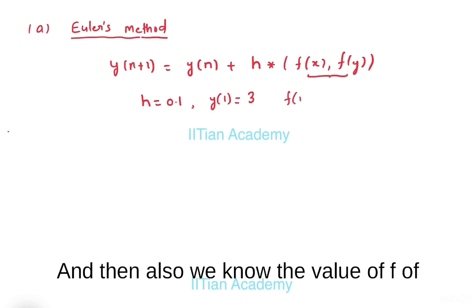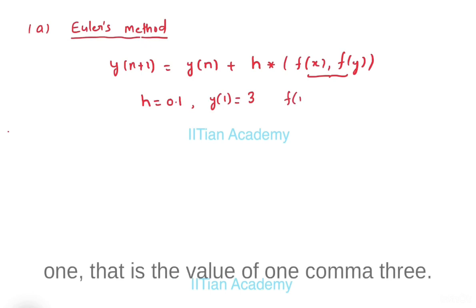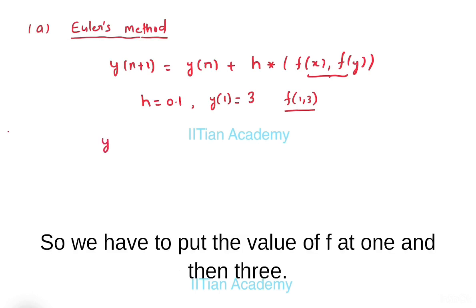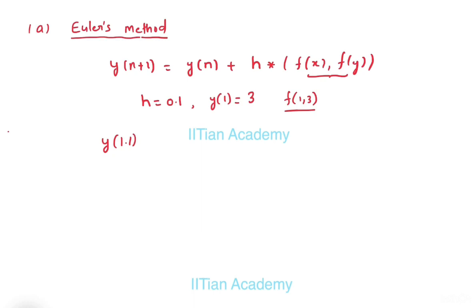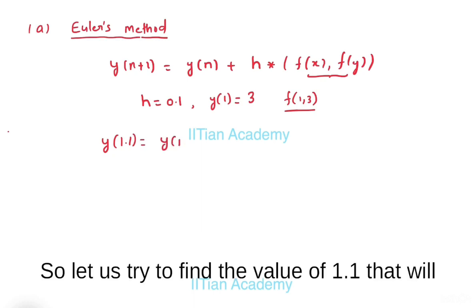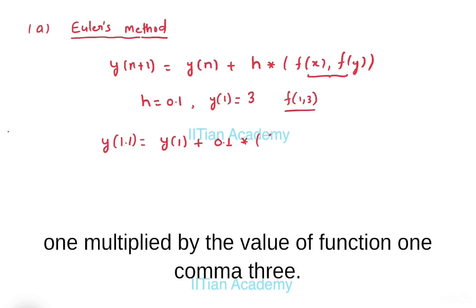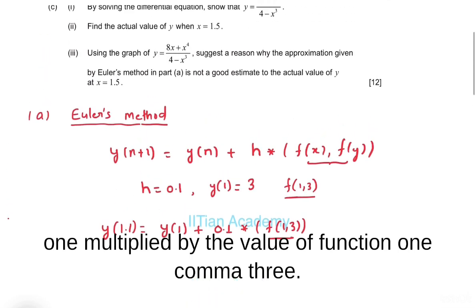And then also we need the value of f of 1 comma 3. So let us try to find the value of y at 1.1. That will be equal to y of 1 plus the step size 0.1 multiplied by the value of the function at 1 comma 3.